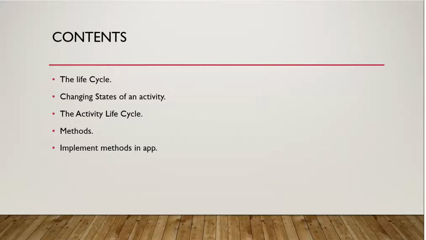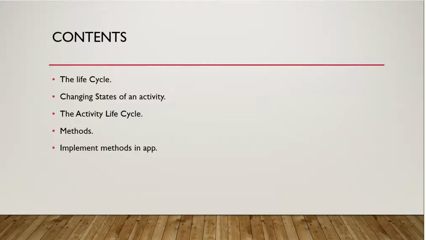After that we will talk about the changing states of an activity during its runtime. After going through the states, we will go through the activity life cycle: what it is, and what will happen after what, so the sequence of the activity life cycle.